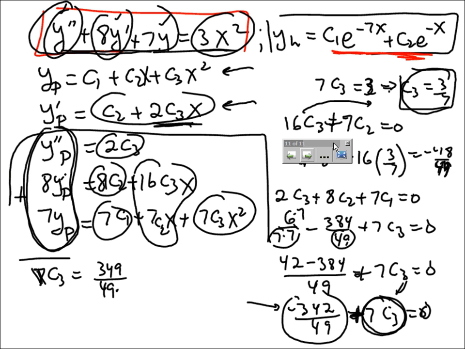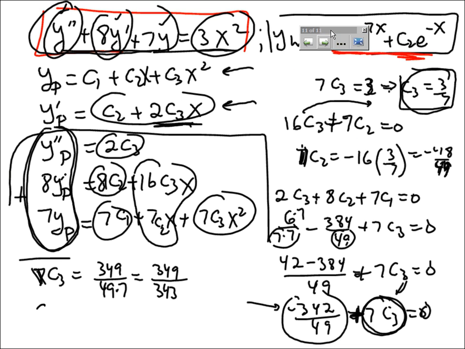Bring this 7 into the bottom, and know that product is 343. So I get what C1 is. I have C3, put all the values here. This value is C2, and C1, I guess I erased it. It's going to be 3 over 7.